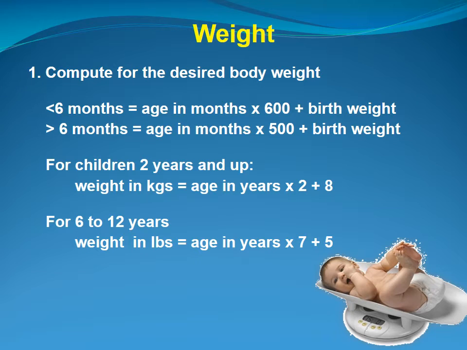For children 2 years and above, weight in kilograms will be equal to age in years times 2 plus 8. Whereas for children 6 years and above, we use weight in pounds equal to age in years times 7 plus 5.